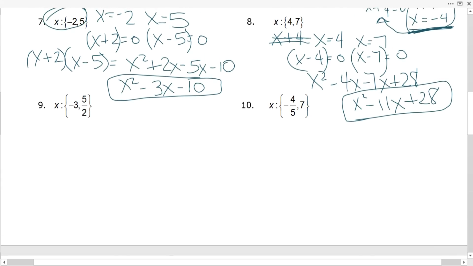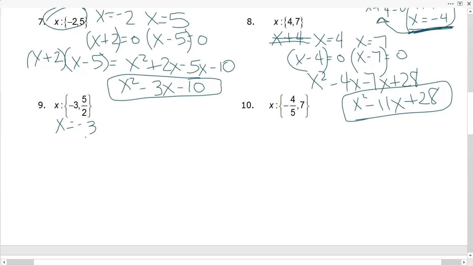Number 9 and number 10 have fractions. So that means when I end up with my quadratic, my trinomial, my leading coefficient is not going to be 1, because for one of these, I'm going to have to multiply x times something. So let's just see how that works out.